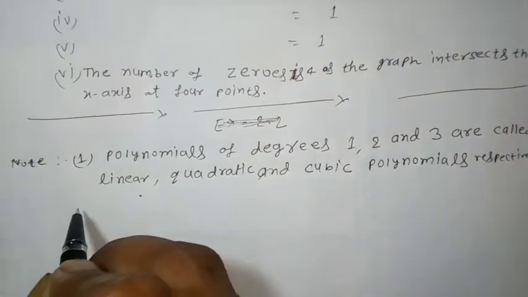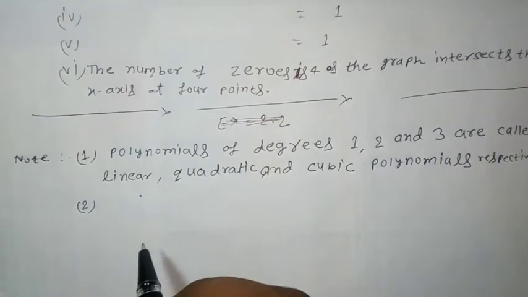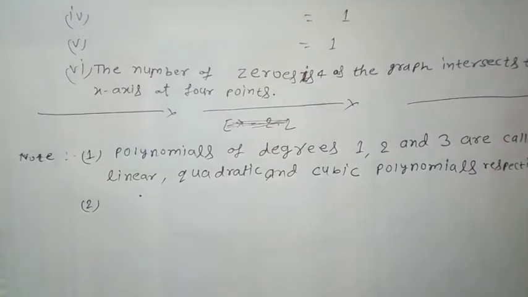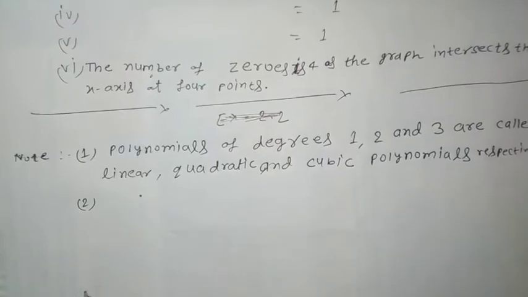Second, we know that the simple form of a quadratic polynomial is x square plus bx plus c in the variable x.